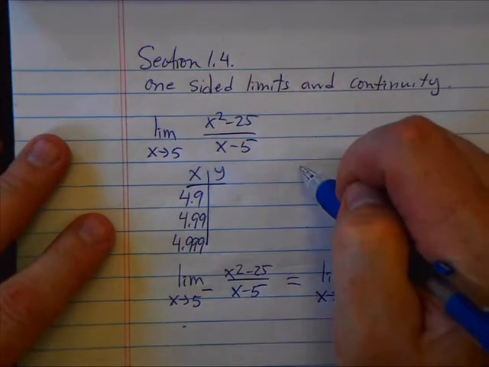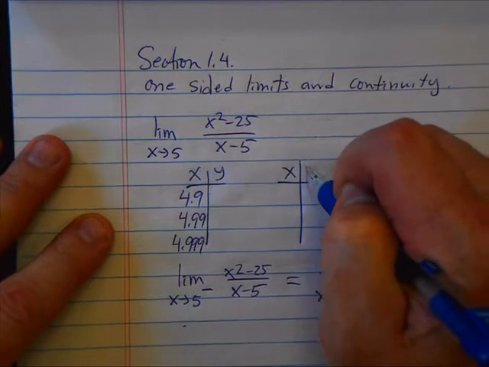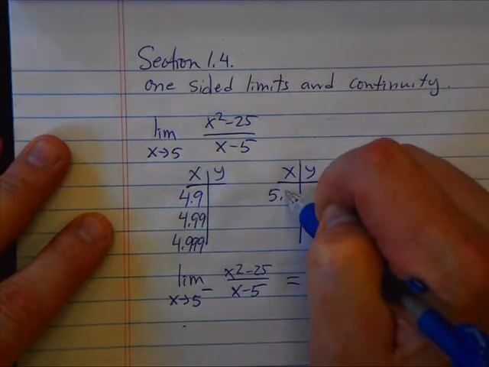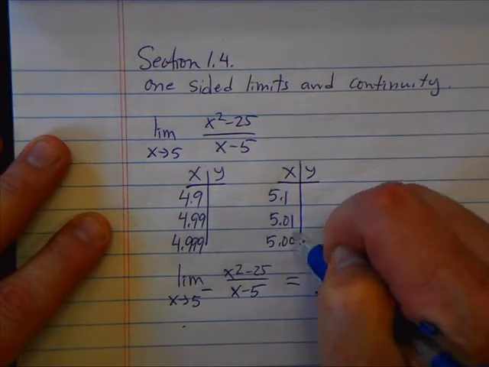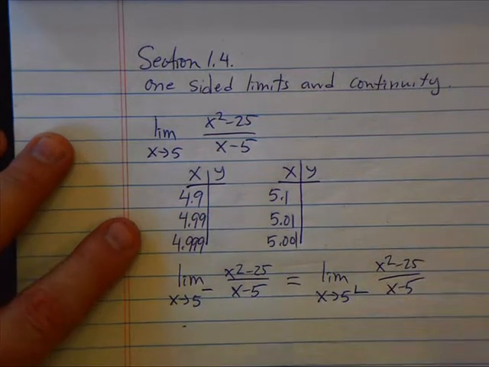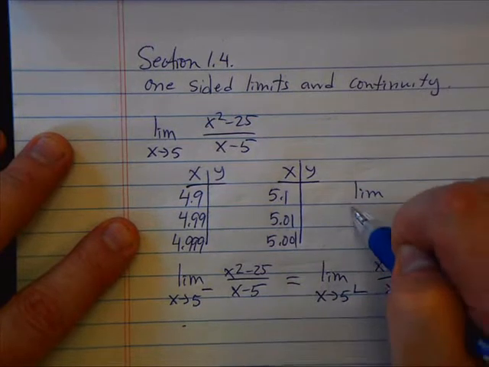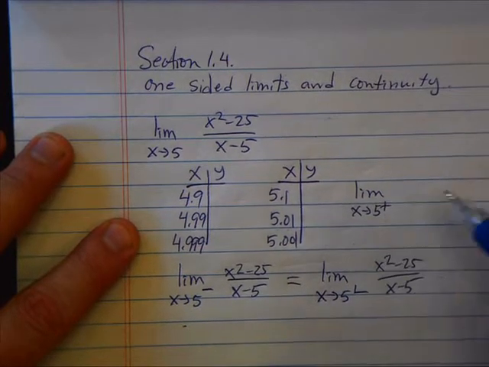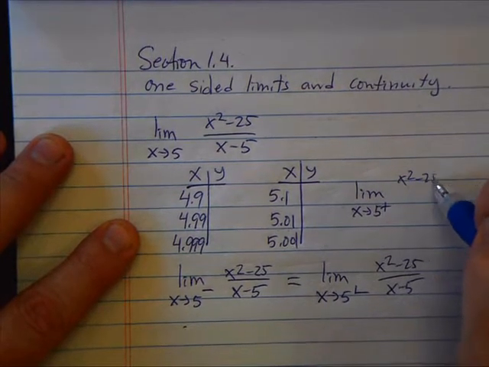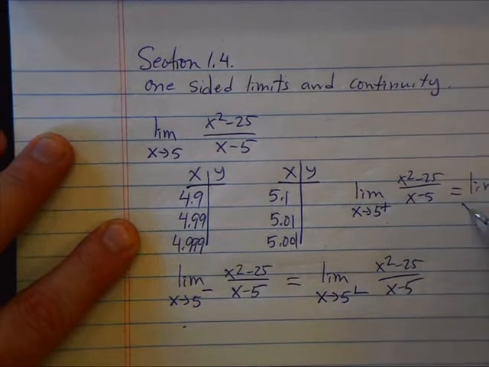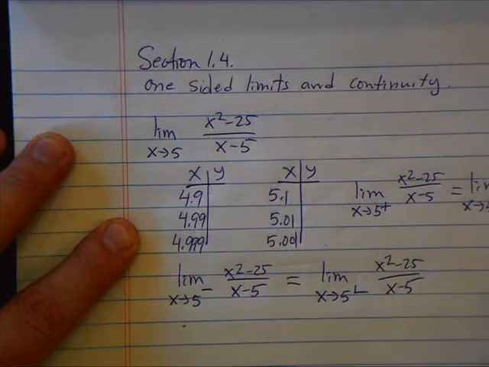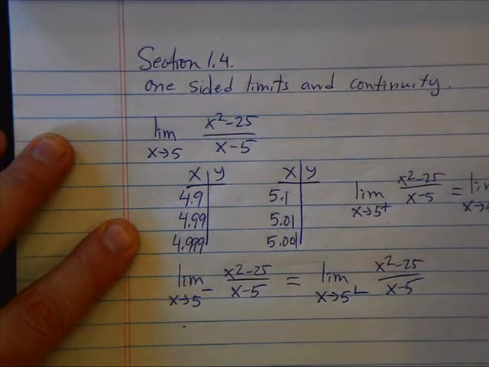We could build another table, and we would plug in numbers close to 5, but a little bit bigger than 5. And then we would have a symbol for that too, right? Limit as x goes to 5 from the right of x squared minus 25 over x minus 5. Or again, I'll see this in some books, we'll put an R there for right.